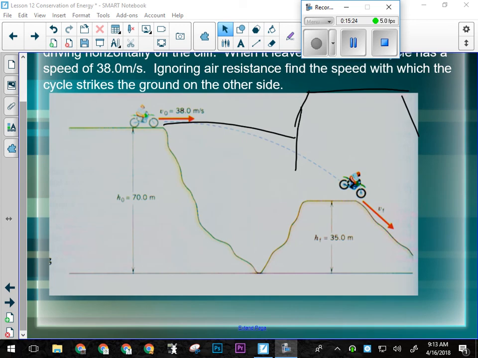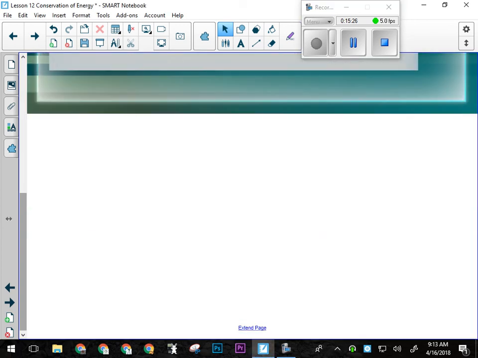All right, let's have a look at how we solve this one. Obviously it's a law of conservation of energy question. So the initial energy and the final mechanical energy are the same. It doesn't mention anywhere about energy being lost to anything, so we're ignoring friction completely. We have our initial mechanical and our final mechanical.